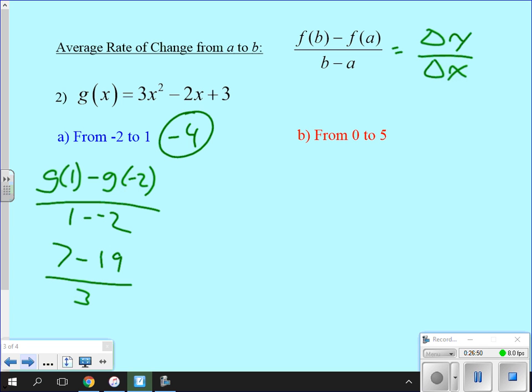So those 2 points, the average rate of change, it's going down 4 units, 4 y's for every 1 x. That's the average rate of change.